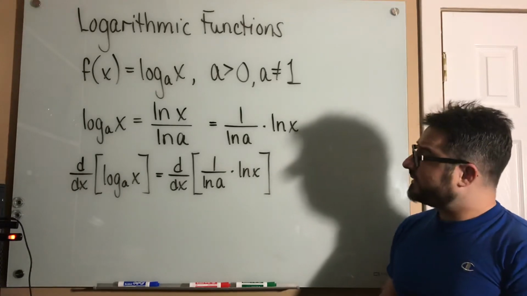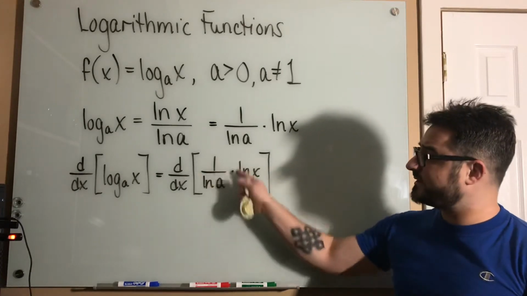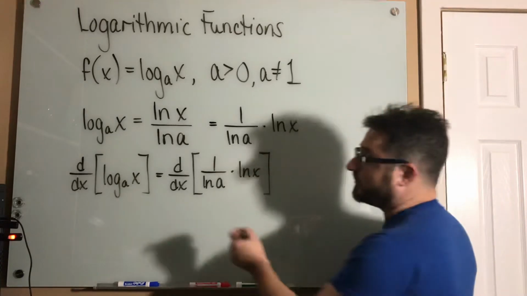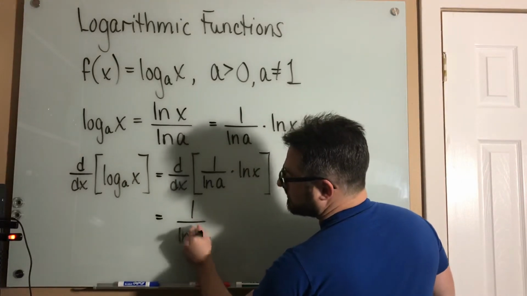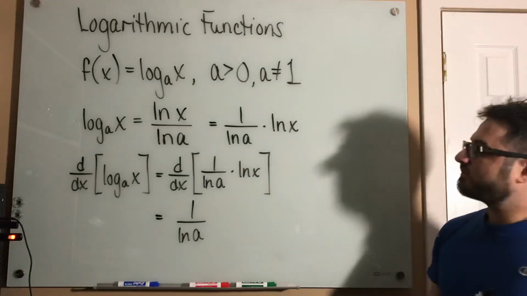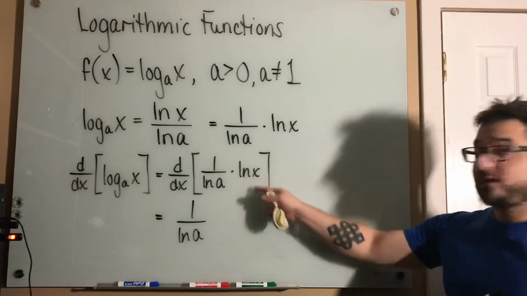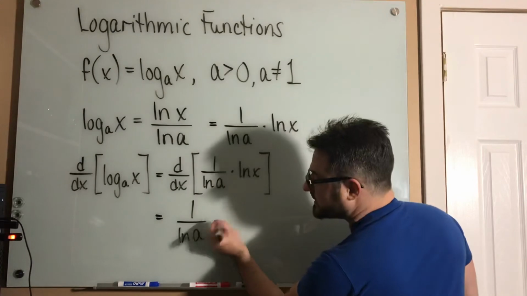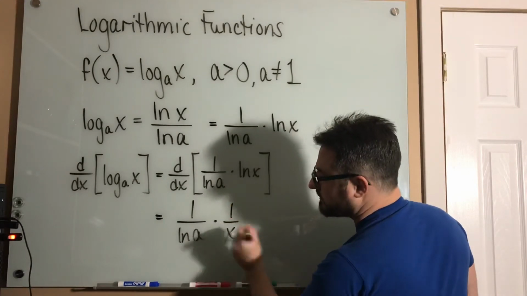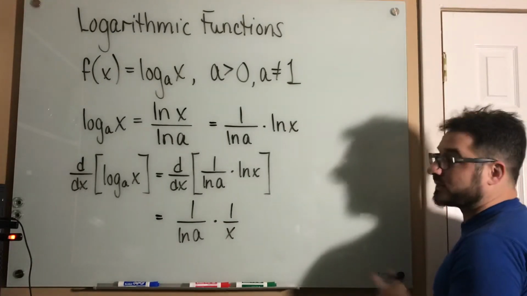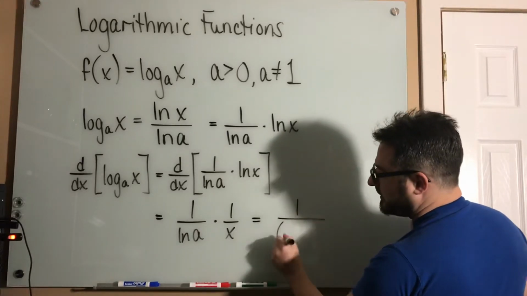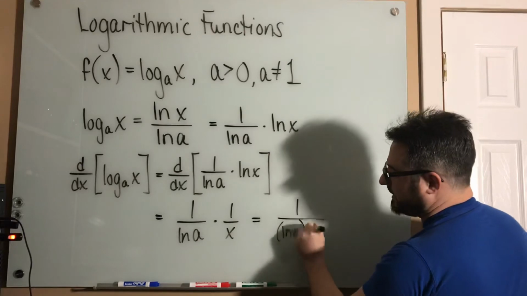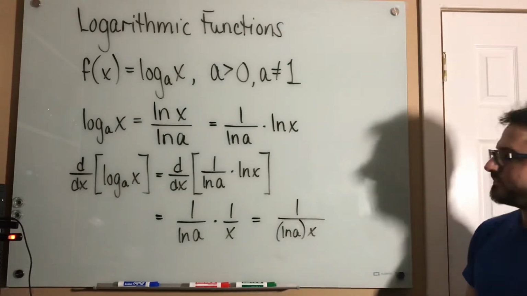Well, in a derivative, any constant coefficient carries straight through. And then the derivative of the natural log is 1 over x. So we have, quite simply, 1 over the natural log of the original base times x.